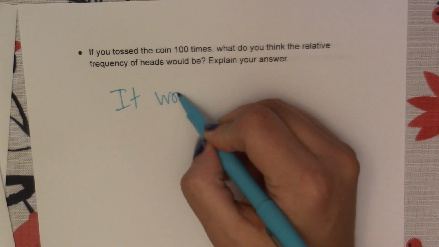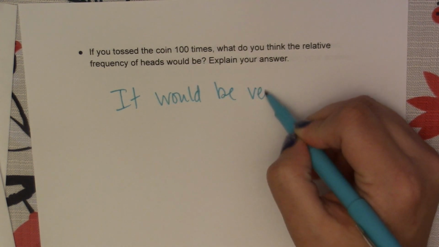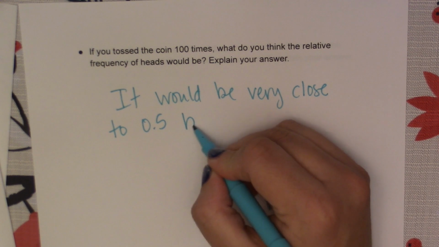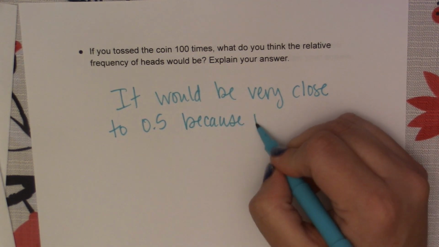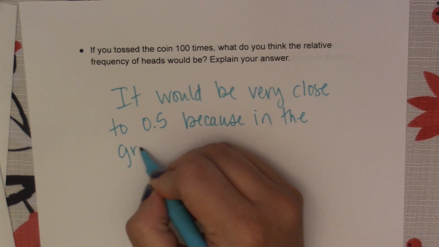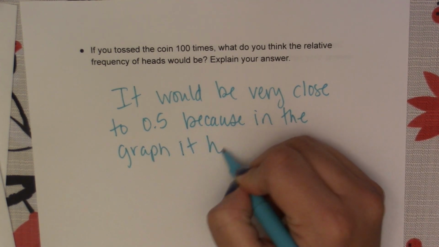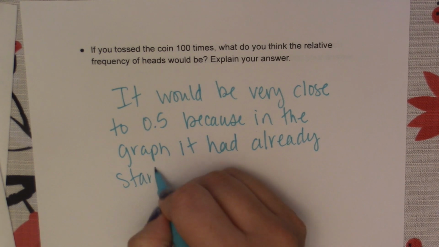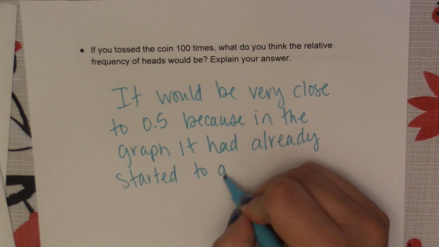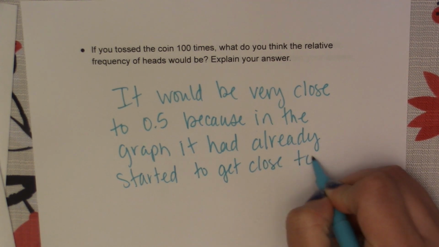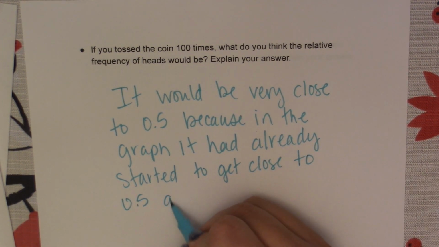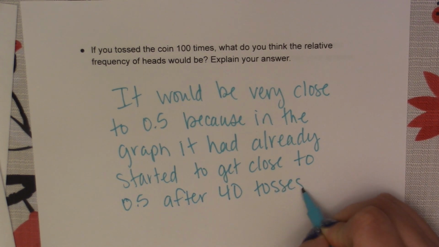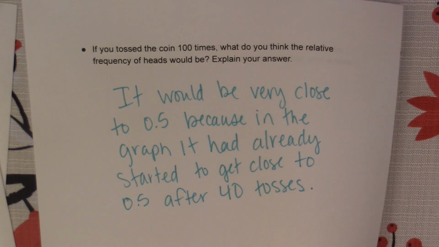So it would be very close to 0.5 because in the graph it had already started to get close to 0.5 after 40 tosses. Okay.